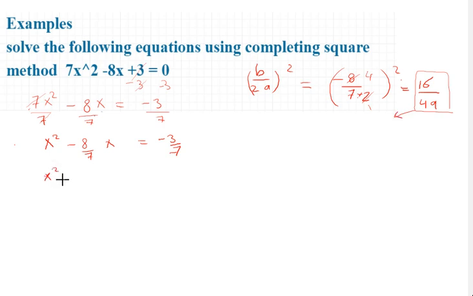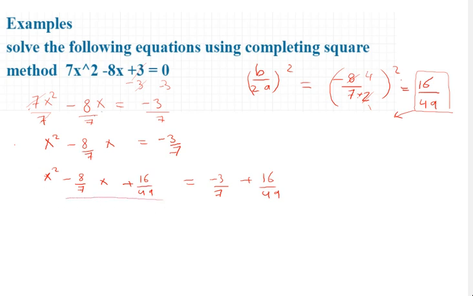Now x squared minus 8 over 7 x plus 16 over 49 equals minus 3 over 7 plus 16 over 49. As we know, any operation we do to the left side of the equation, we have to do to the right side in order to keep the equation balanced.